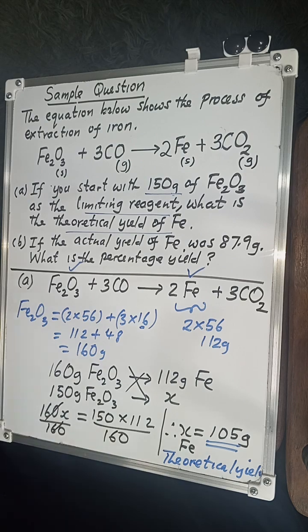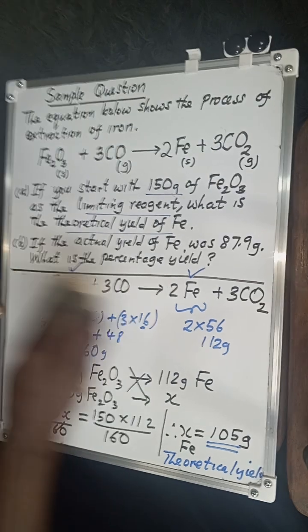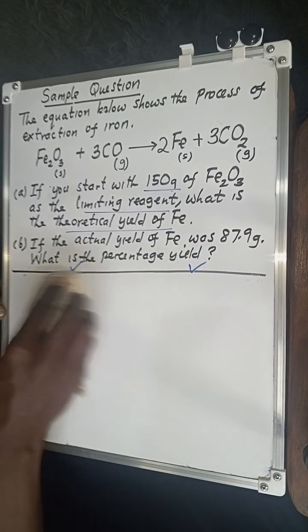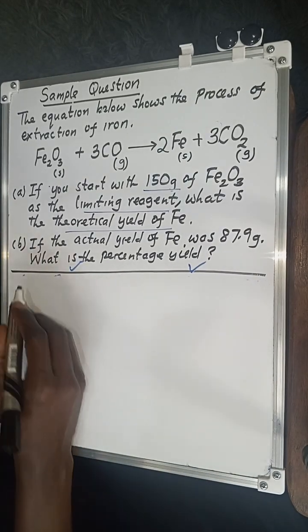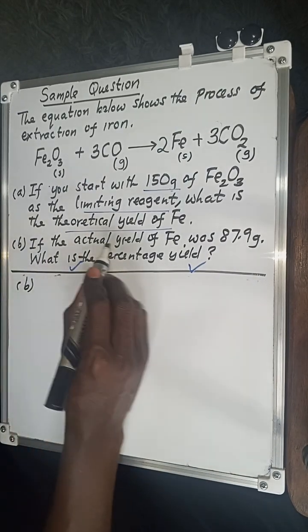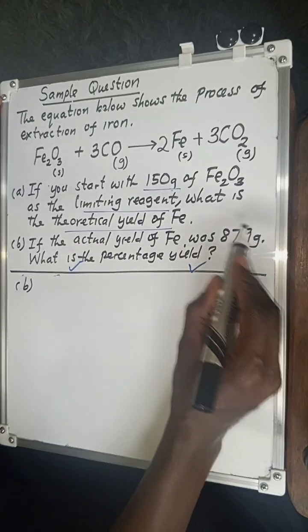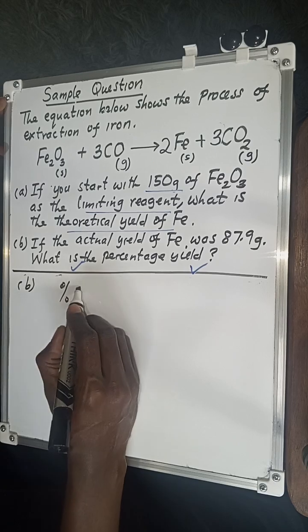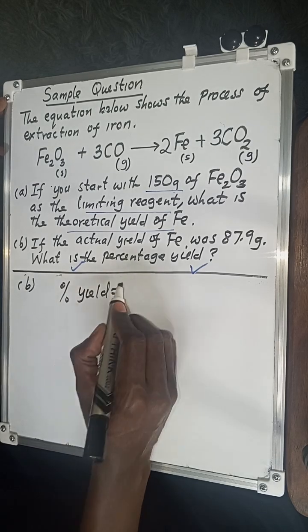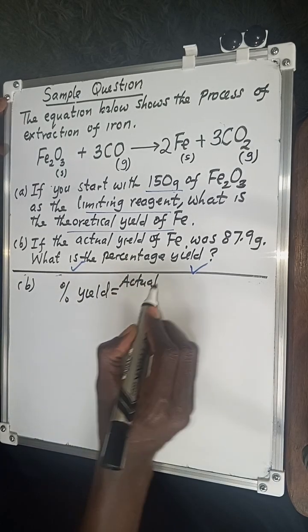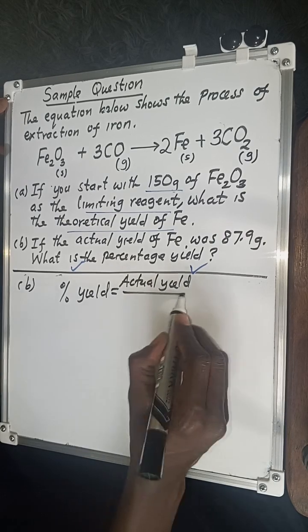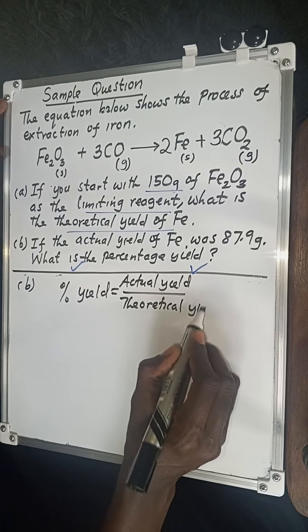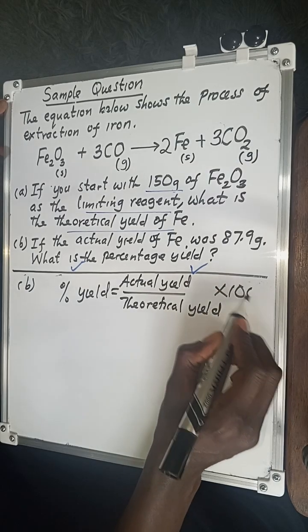All right, we move on to part B. Part B says, if the actual yield of iron was that, so remember, they have given you the actual yield, what is the percentage yield? Remember, percentage yield is equal to the actual yield over the theoretical yield, then multiply this by 100%.